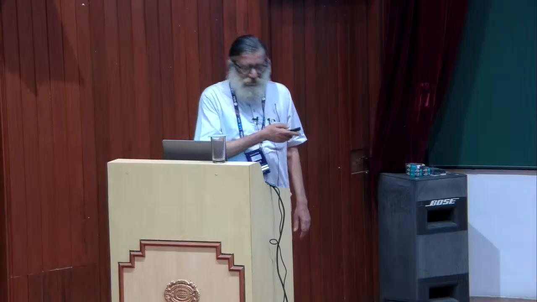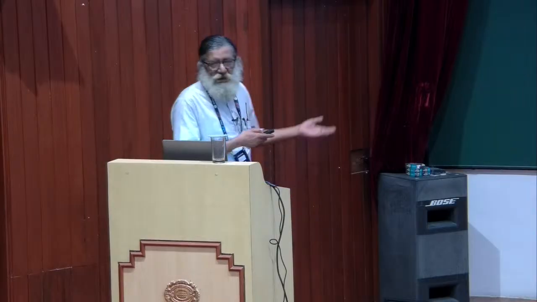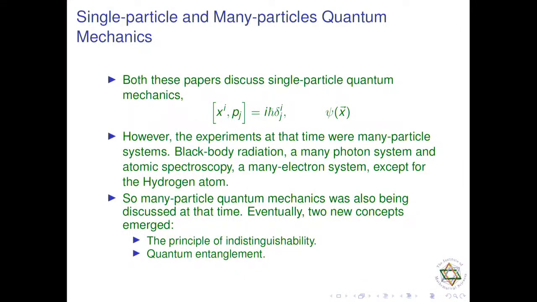There were about 2 decades of work preceding these papers, of course, but that's why, 100 years from that time, we are celebrating. Both these papers discuss single particle quantum mechanics, Heisenberg in terms of the operators and matrices picture, Schrodinger in terms of the wave function.